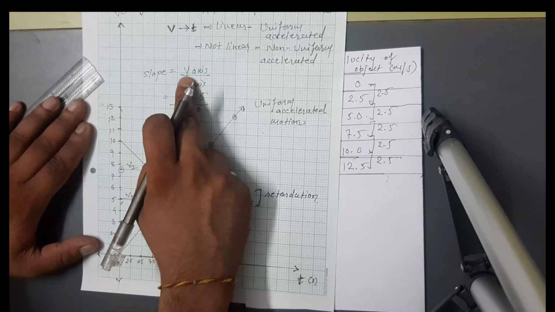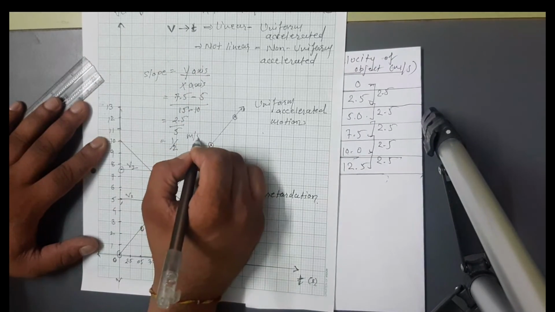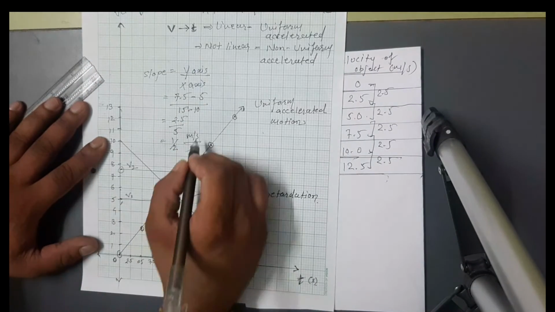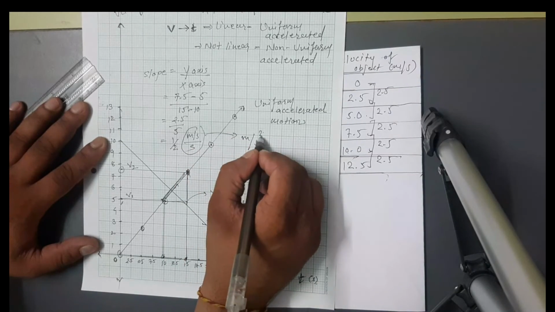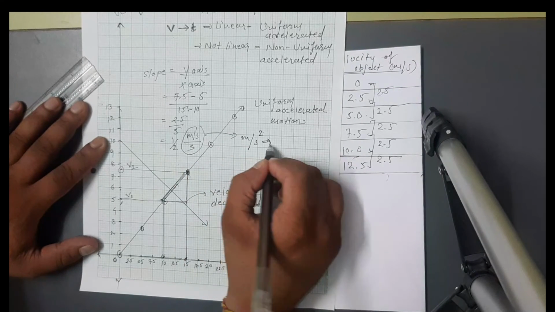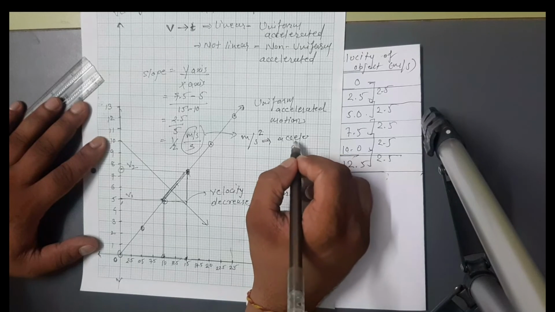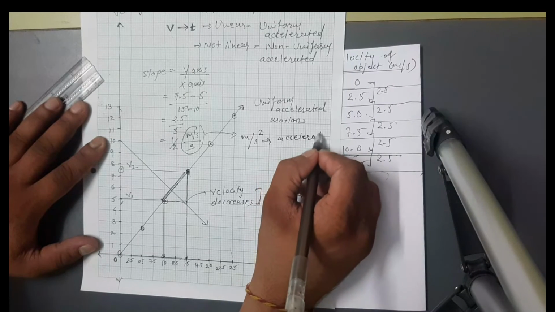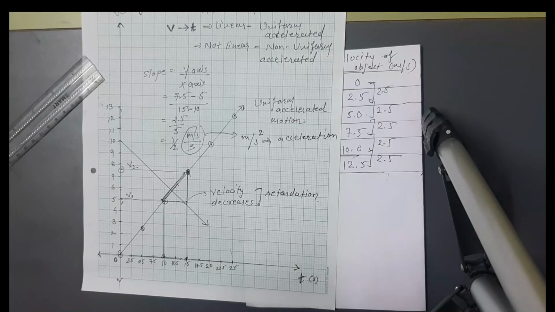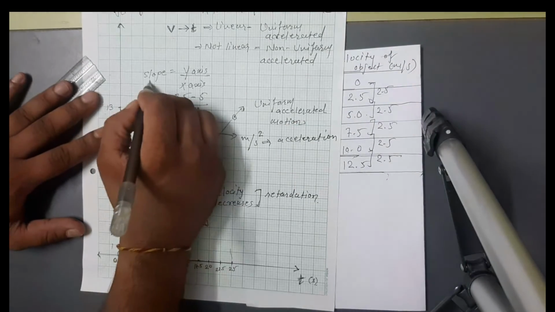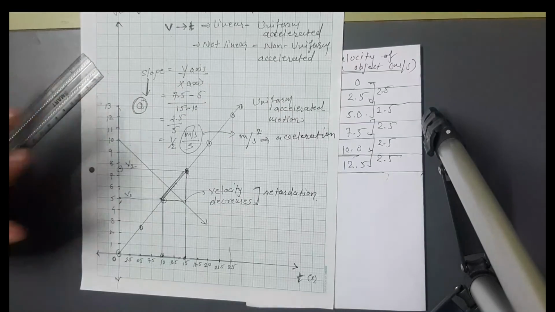Now what will be the unit? On the y-axis we have meters per second and on the x-axis we have seconds. So the unit will be meters per second square, which is the same as that of acceleration. As it is similar to acceleration, we can say that this value of slope gives us the value of acceleration.